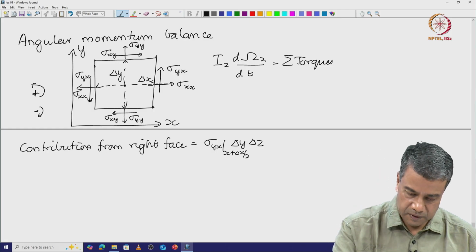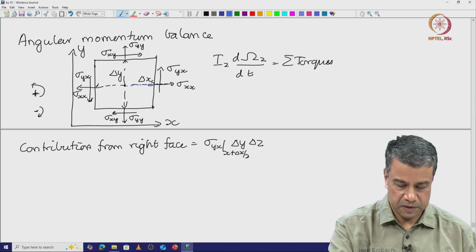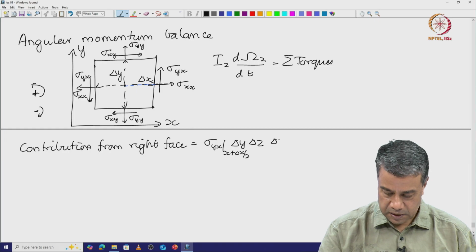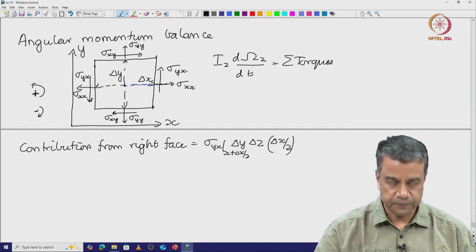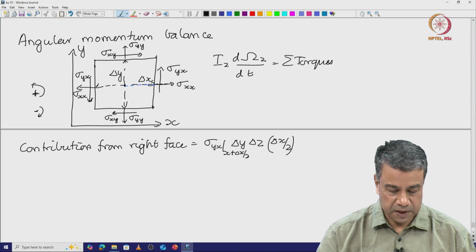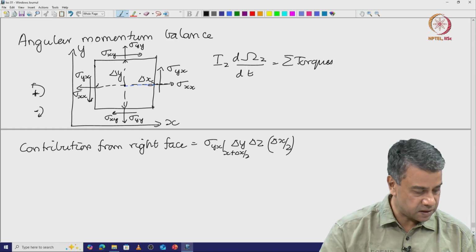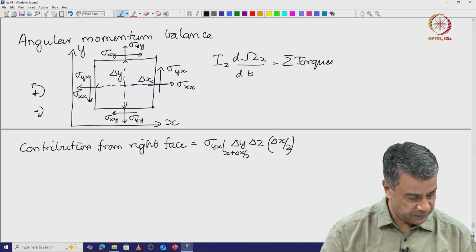The perpendicular distance to the force is delta x by 2. So, that is the contribution to the torque from the right face, and it is in the anti-clockwise direction, therefore, it is positive.